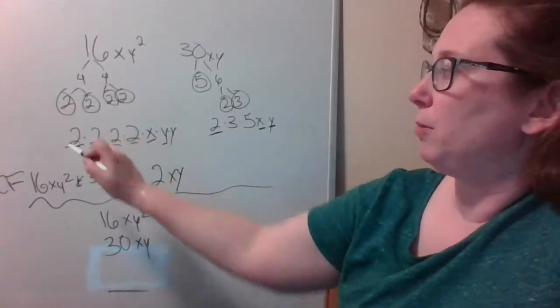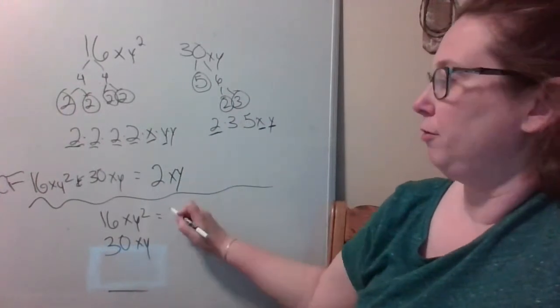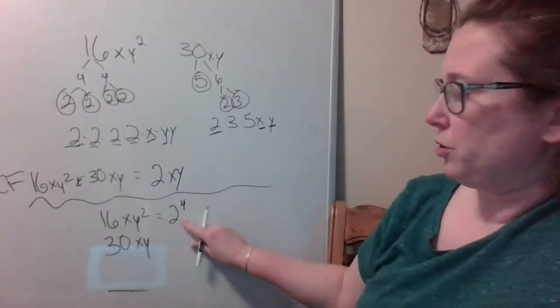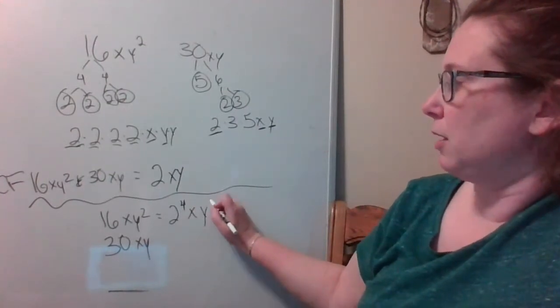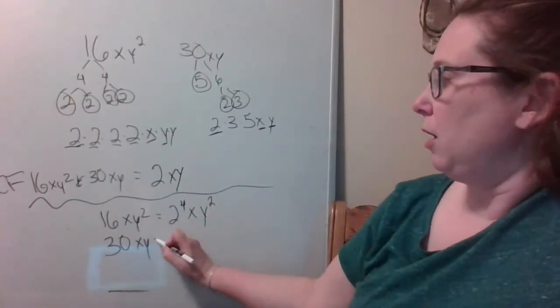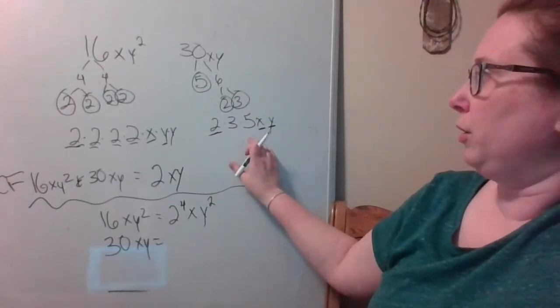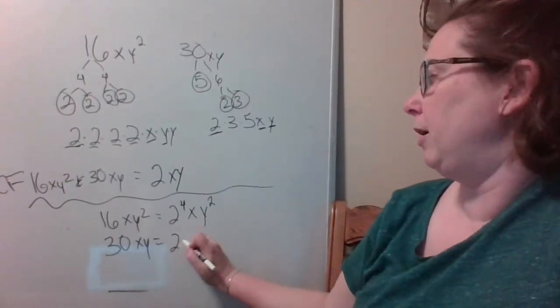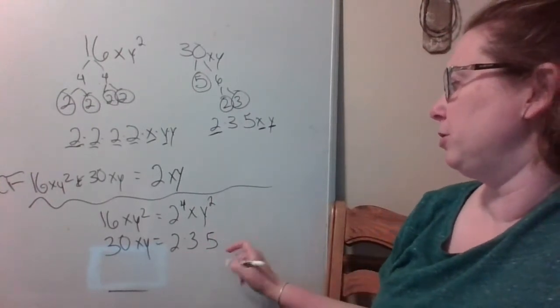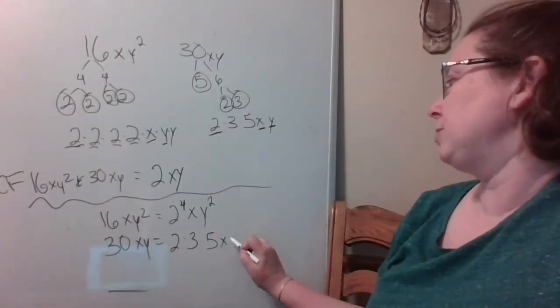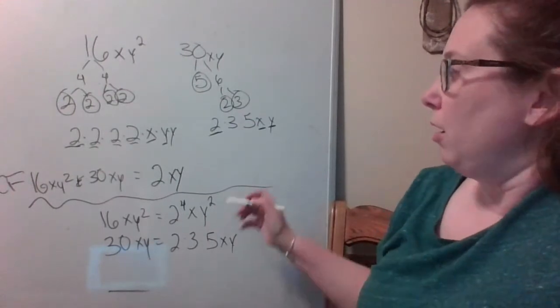So there I have to think about, well, how many 2's do I have? I have 4, so I do 2 to the power of 4. I have 1x and I have 2 y's. And then with 30xy, I would have no exponents actually. I just have 2 times 3 times 5 times x times y.